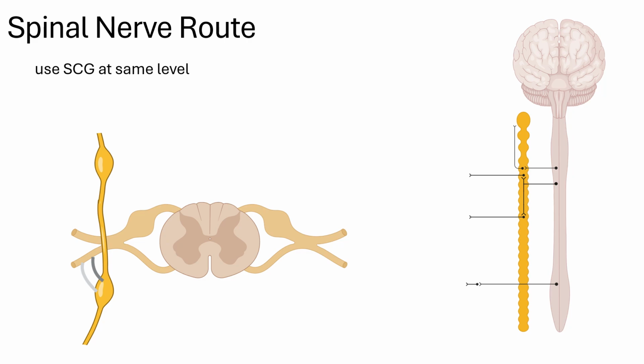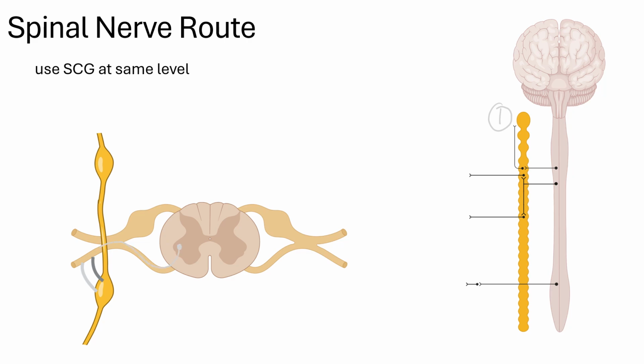The first pathway that a preganglionic fiber of the sympathetic nervous system could take in order to leave the spinal cord is called the spinal nerve route. And this is the route that we previously described, where the synapse area between the preganglionic and postganglionic fibers is in the sympathetic chain ganglia.